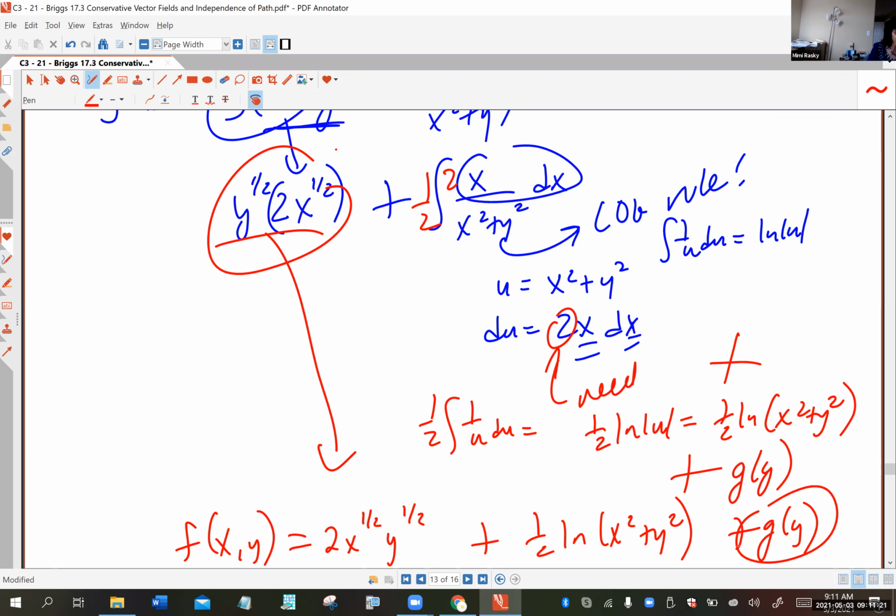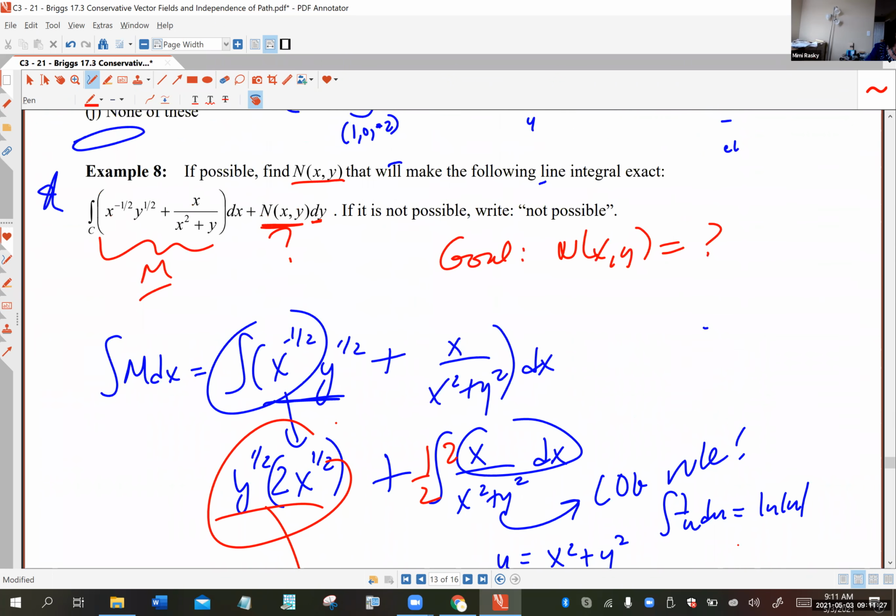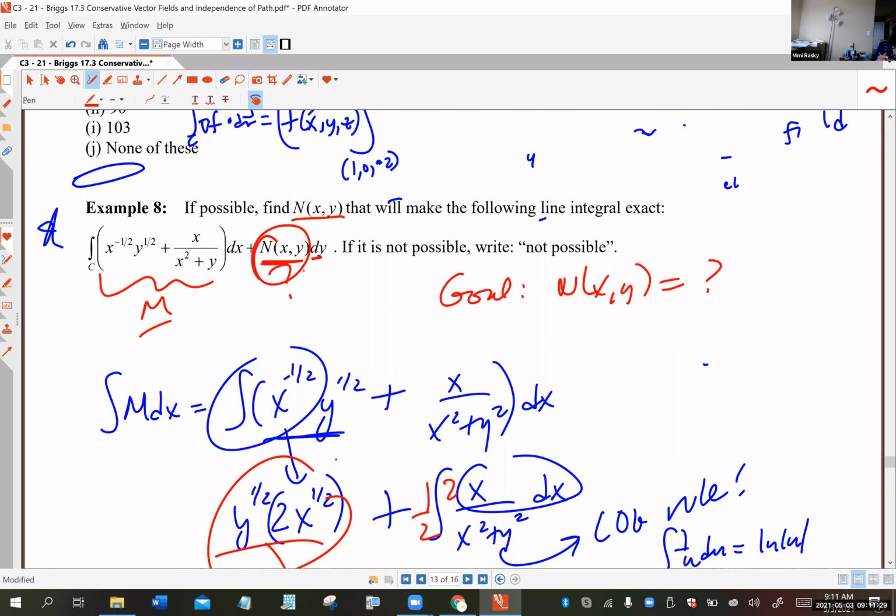And how do I get the g of y? Well, I'm not going to. Here's what's true that you have to know: if this is definitely an exact form, this N is supposed to be the first partial with respect to y, by definition.